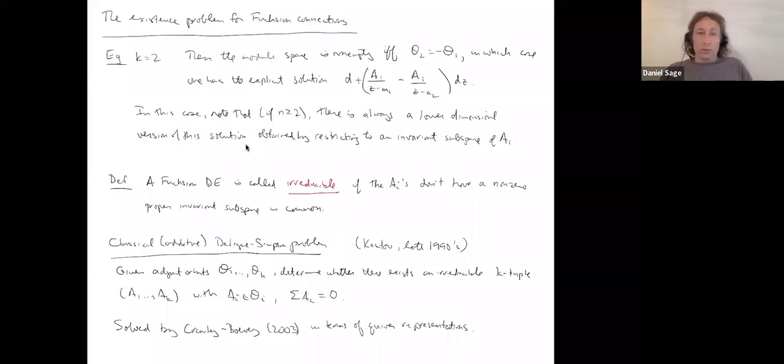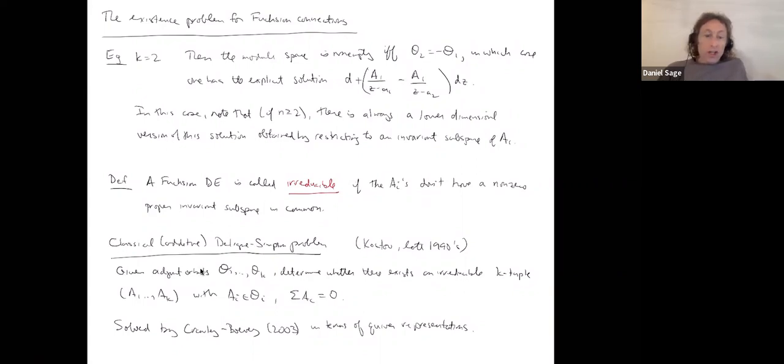So if we allow this kind of thing, we're just understanding lower dimensional things in a higher dimensional version. So what we're going to want is this definition. A Fuchsian differential equation is called irreducible if the AIs don't have a non-zero proper invariant subspace in common. So if n is greater or equal to 2, this is always reducible.